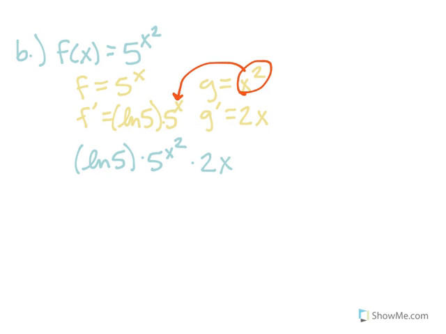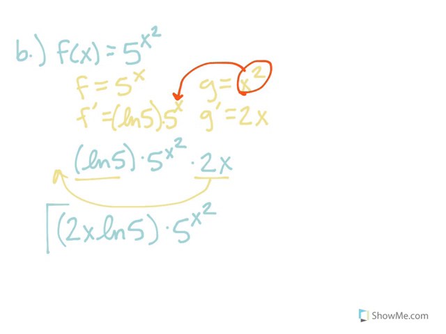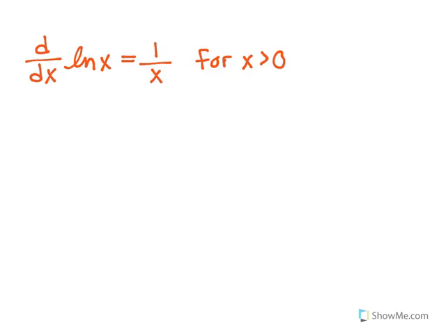Again, we can multiply these two together, or at least put the 2x up front, just to clean it up a little bit. So this could be 2x ln of 5 times 5 to the x squared. So there we go.